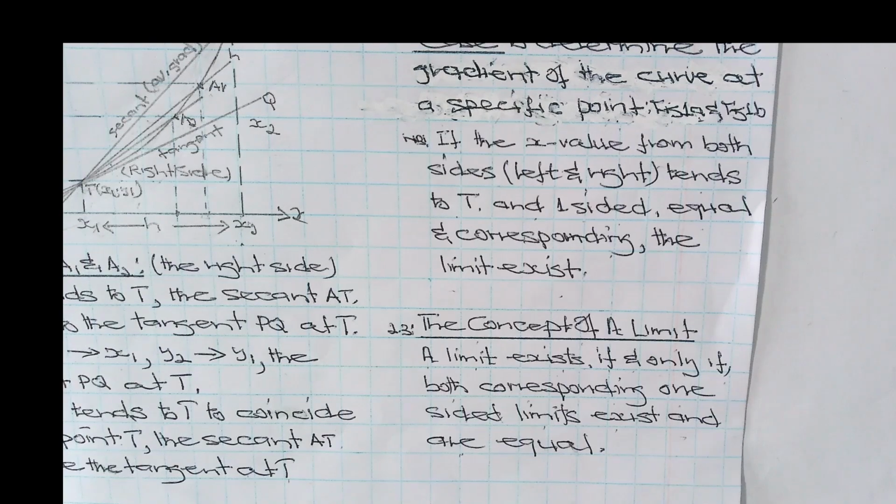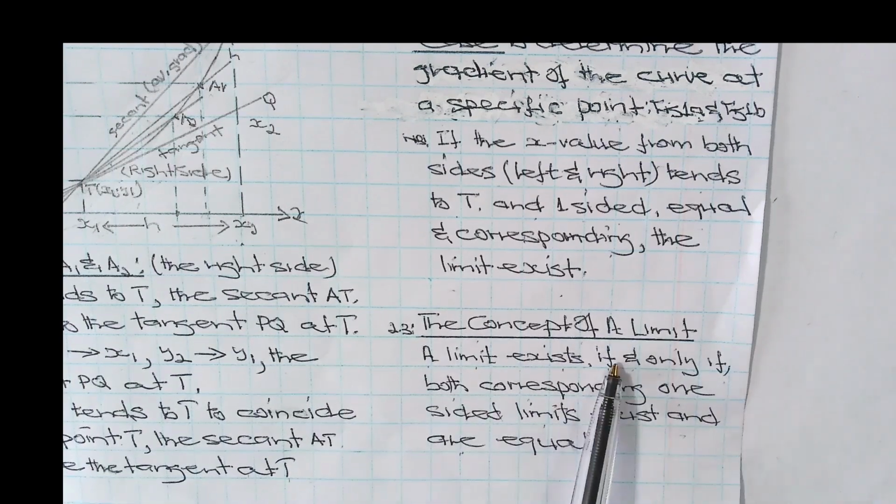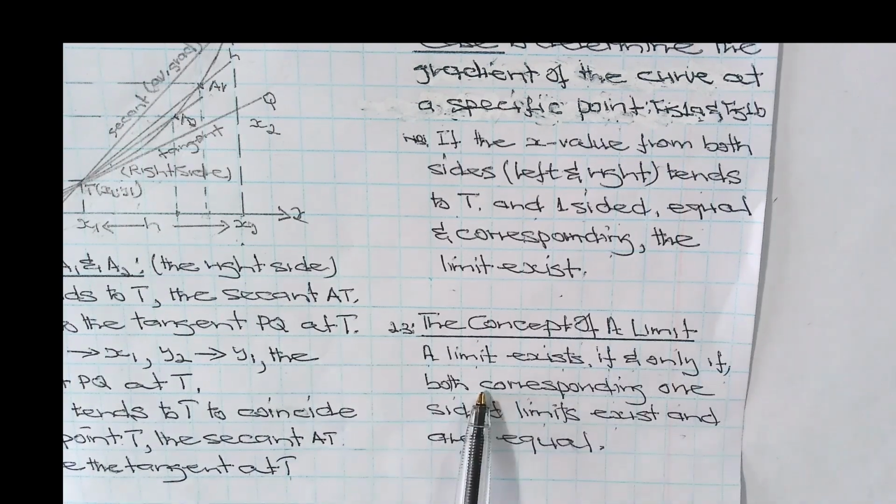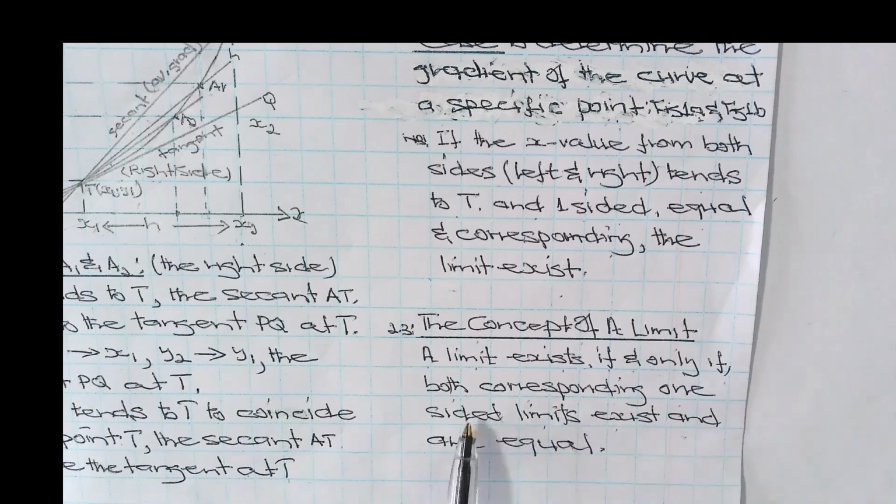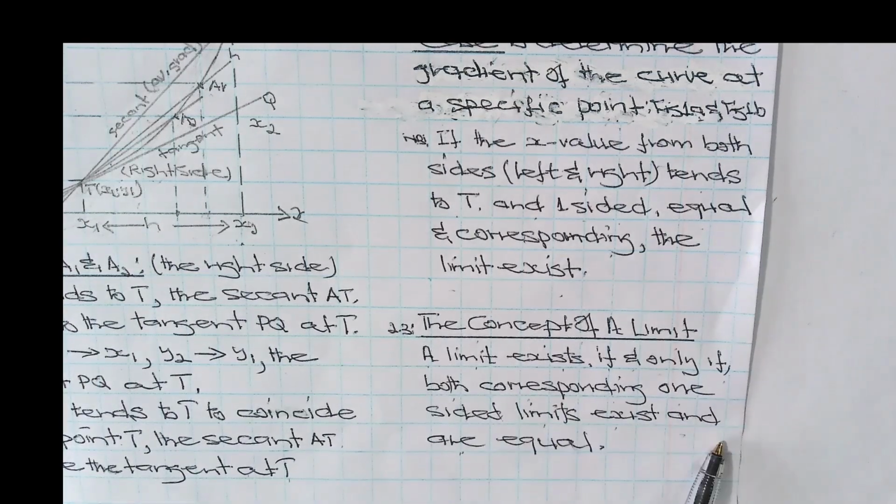It shouldn't come from one side. It should come from both sides. They must converge from the left and right, and top and bottom for y values. A limit exists if and only if both corresponding one-sided limits exist and are equal.